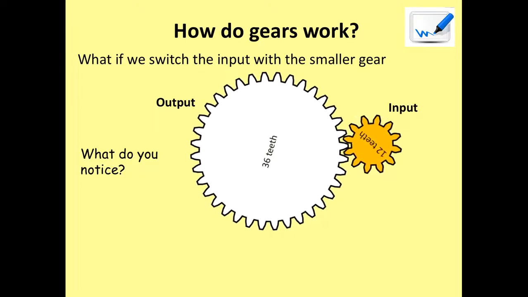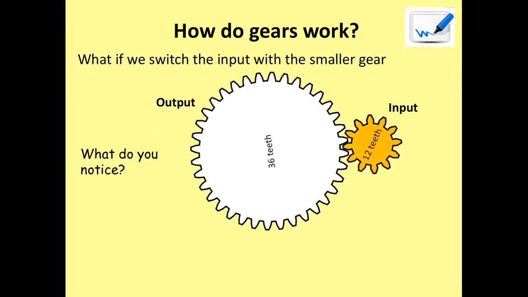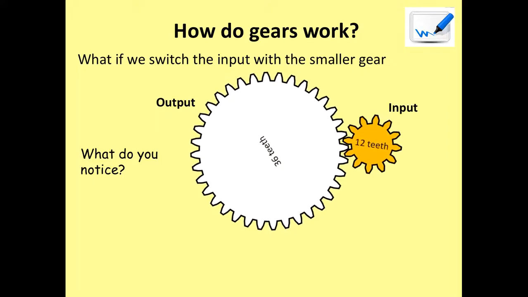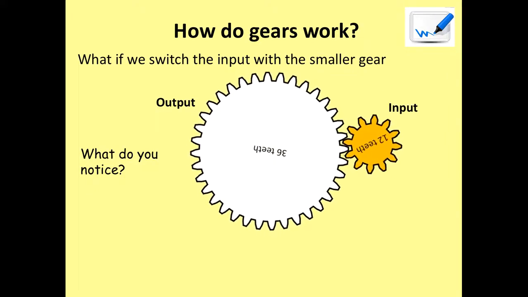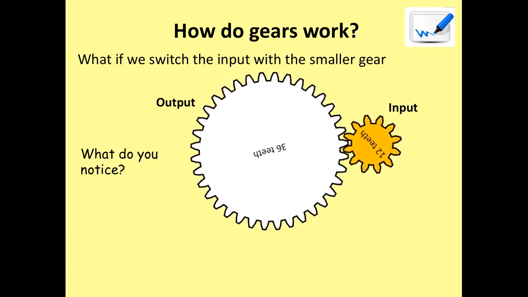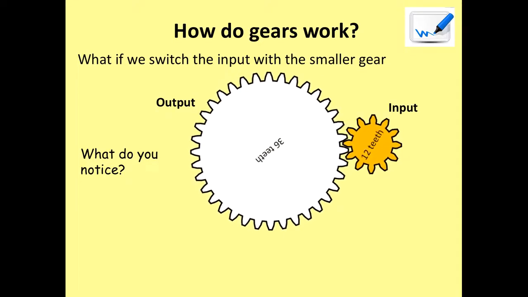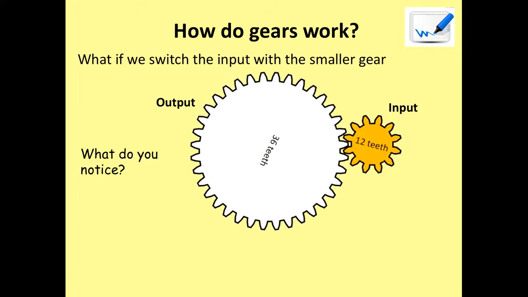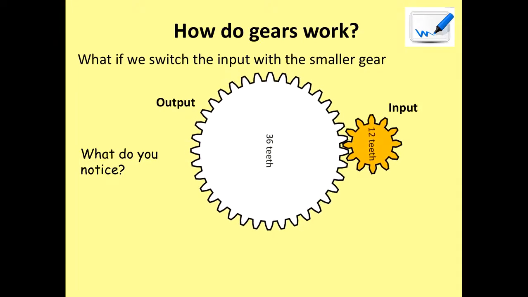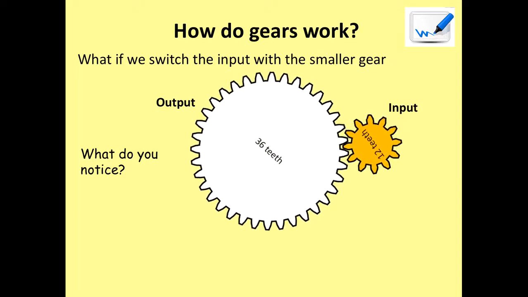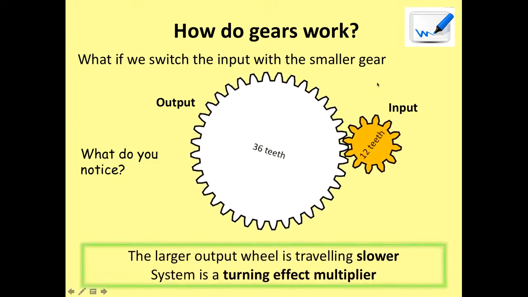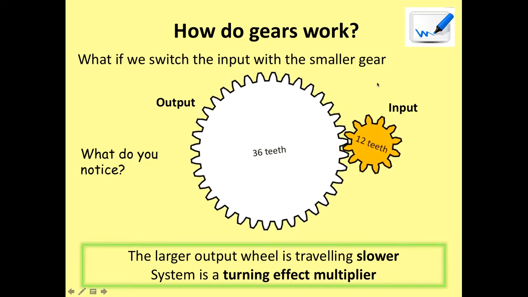But again, remembering that the forces being applied by one tooth to the other when they touch is the same, there's a much greater turning effect with the 36-tooth gear. So even though it's traveling more slowly, it has a bigger turning effect. So this is a turning effect multiplier.